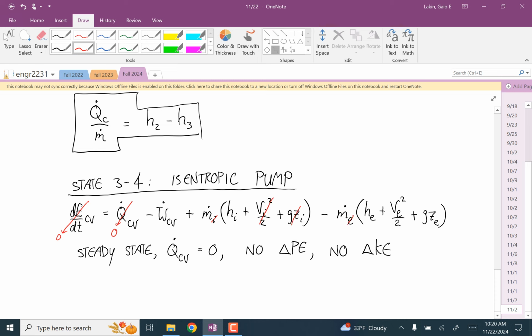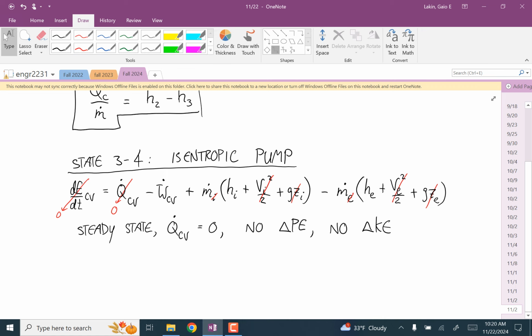Cancel the last two terms in each pair of parentheses. And now, simplified, we can write this as W dot for the control volume is equal to m dot times the quantity h_i minus h_e.